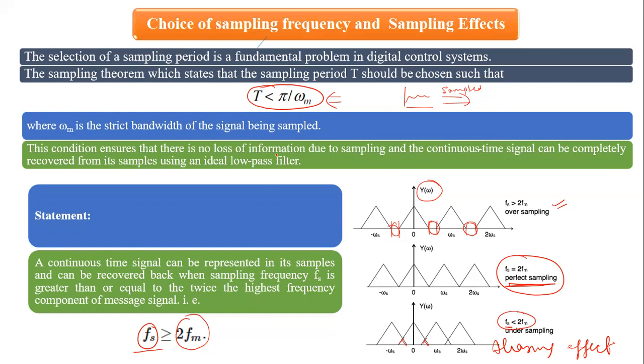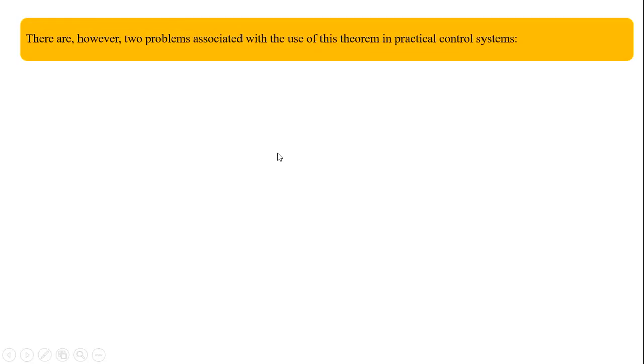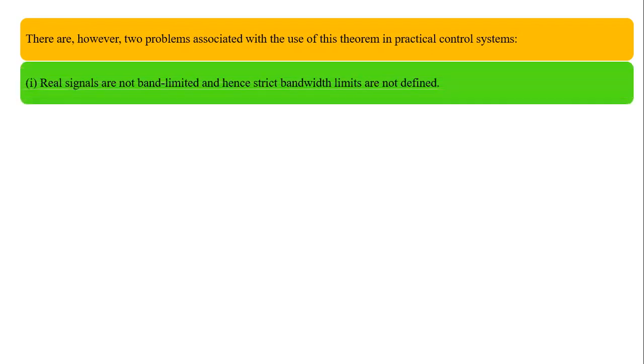Now this sampling theorem has certain limitations. The sampling theorem was described for choosing the correct sampling frequency. There are problems associated with this sampling theorem when we need to implement it in a practical control system. The first is that the real-time signals which we have are not band limited.